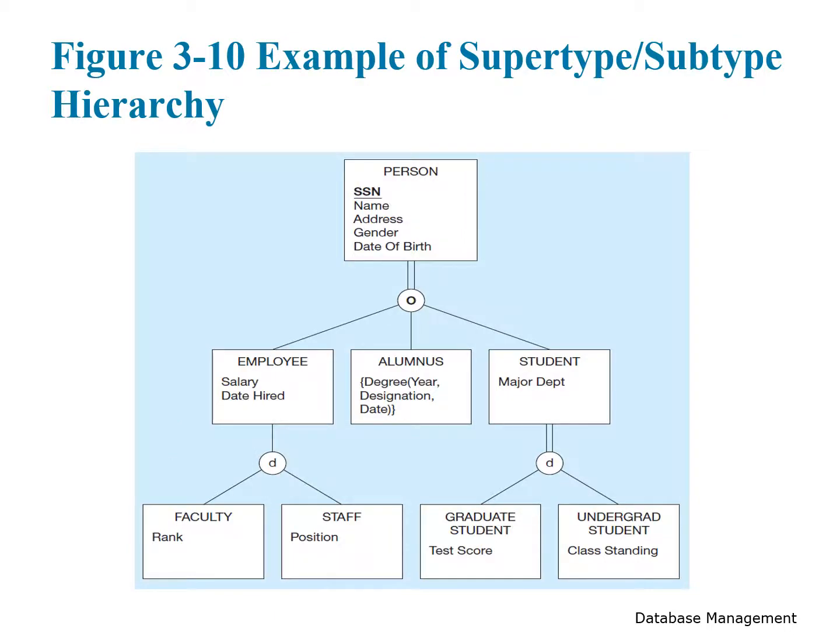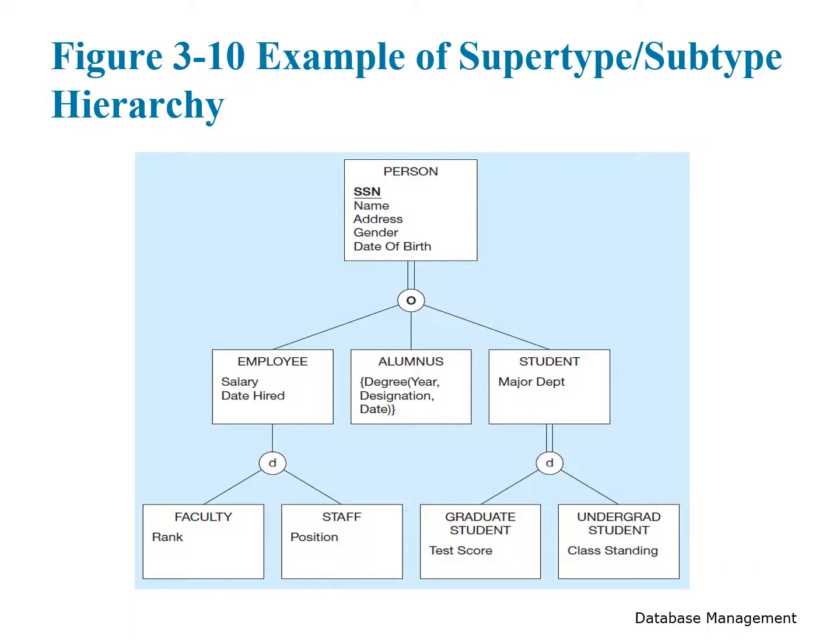Figure 3-10, example of supertype-subtype hierarchy. There is person, with social security number, name, address, gender, date of birth attributes, and then total specialization, the double line, and also overlap. And you can see employee, alumni, student. Employee has salary, date hired; alumni, degree, year, designation, date; and student, major, department, and disjoint rule, also disjoint rule, and total specialization.